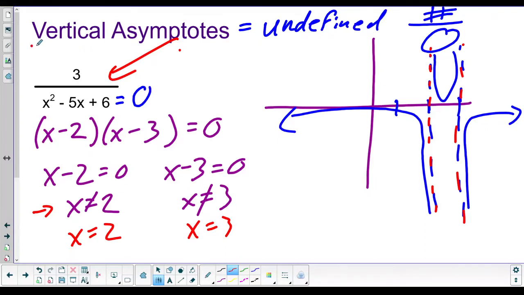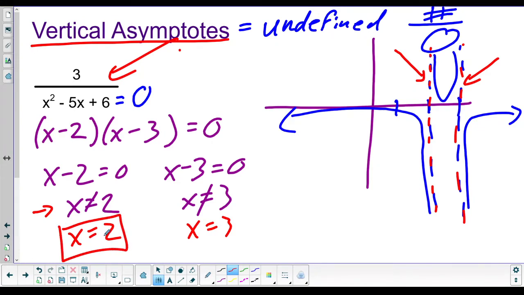But when we ask what are the vertical asymptotes, we're asking what is the equation of that invisible line that our graph is avoiding. So then it's x does equal that number, x does equal the other number. Remember, vertical lines are always x equals a number, because if you look at all your ordered pairs on this line, it's 2, 0, 2, 1, 2, 3, or 2, 2, excuse me.